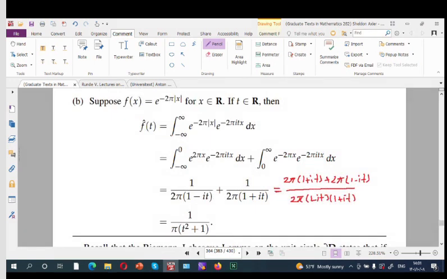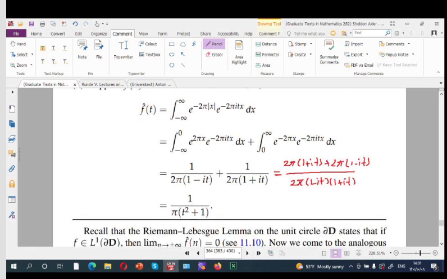If we consider this function, its Fourier transform equals this.